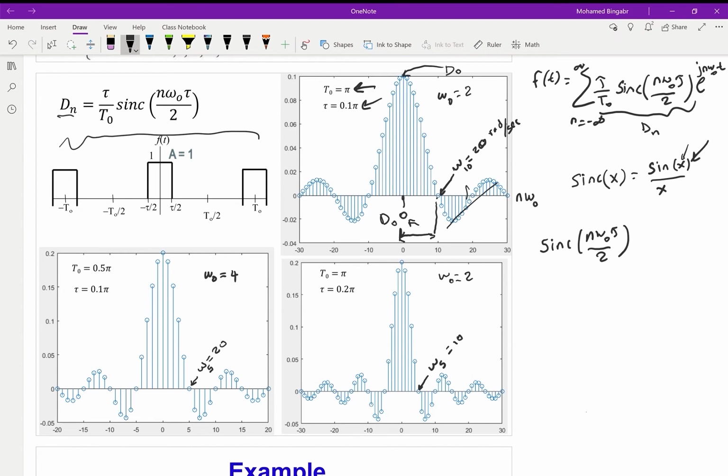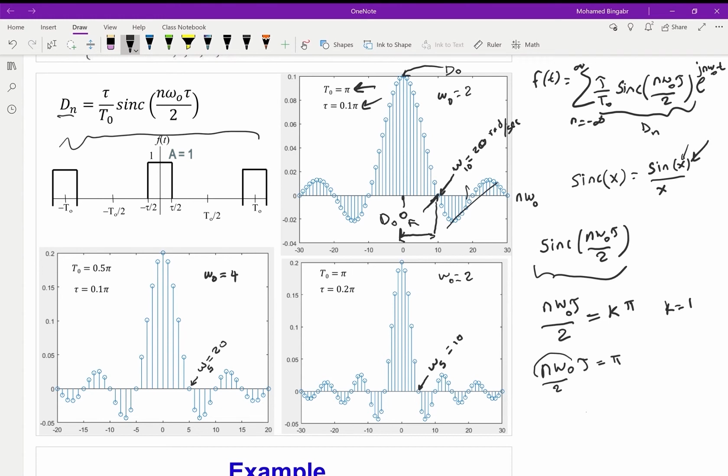So if I want to know when is the first time this function goes to 0, the argument n omega 0 tau over 2 equals k pi, where k is 1 for the first 0 here, when k is 2, the second, and third. So when k equals 1, that will give us the first 0 here. So then this will be n omega 0 tau over 2 equals pi, and I need to solve for n omega 0.